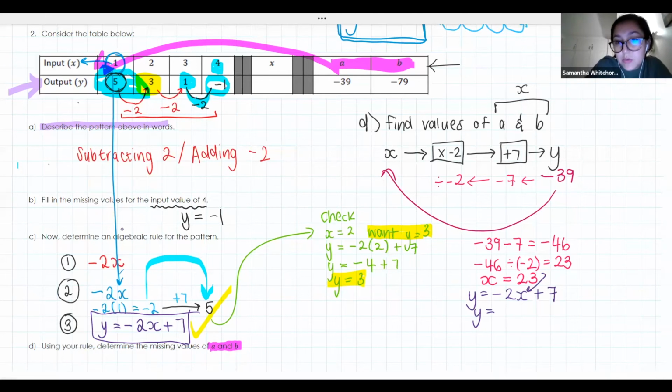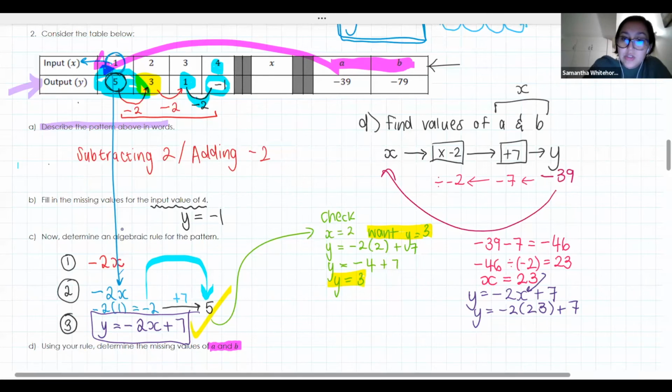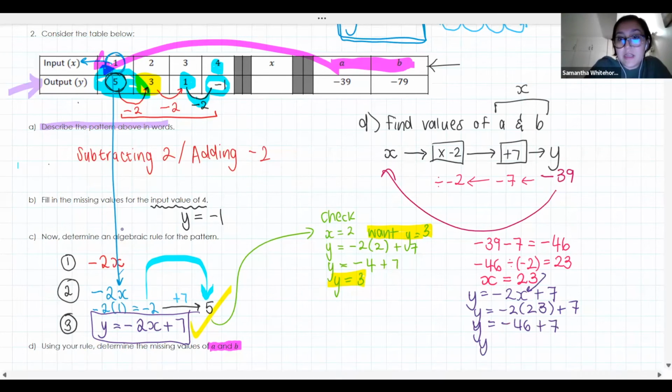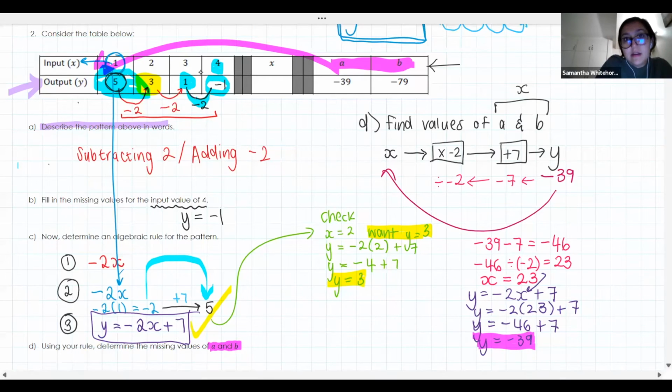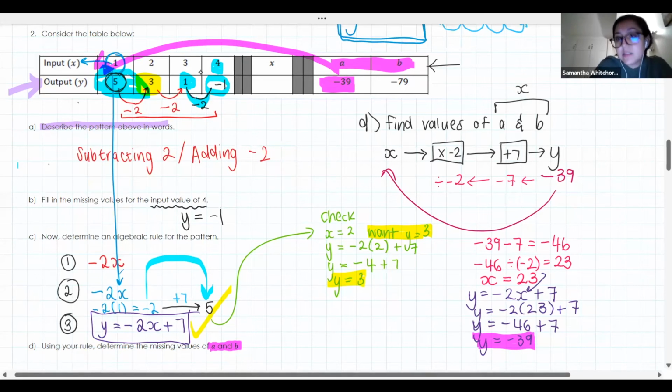So y is equal to -2 times positive 23 plus 7. -2 times 23 is -46. -46 plus 7 is -39. What we see is that we're getting exactly the same output value that we were given. -39, -39. So I have correctly worked out my x value.